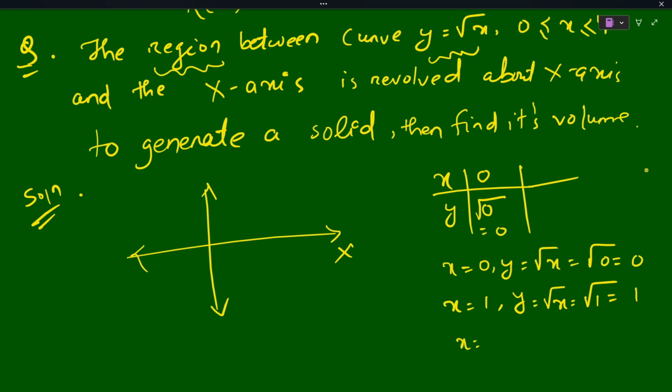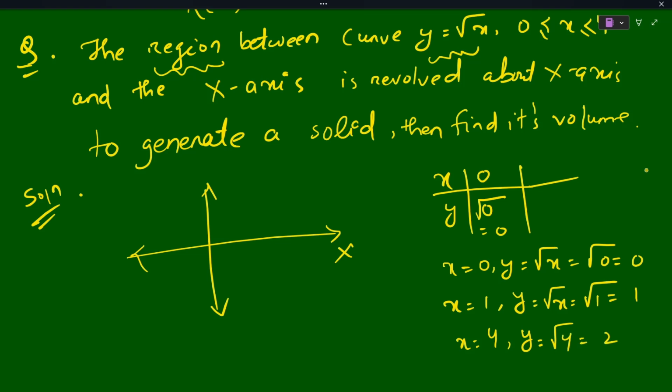There is no restriction, but this function is root x. The root is only defined if x is positive, so we cannot take negative values here. Instead we take only positive values, and for quicker calculation I'm taking perfect square numbers like 4, then y equals root 4, that is 2.